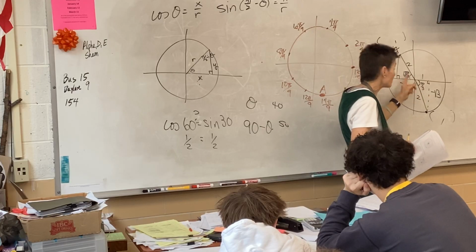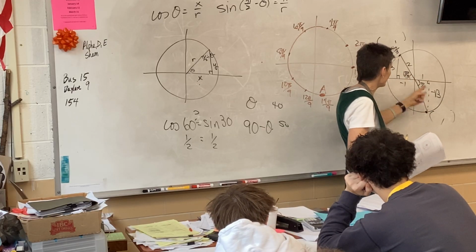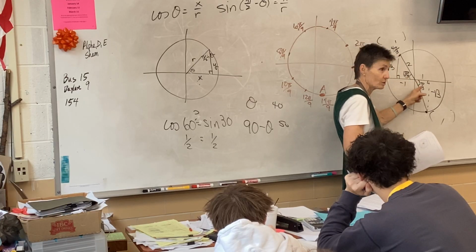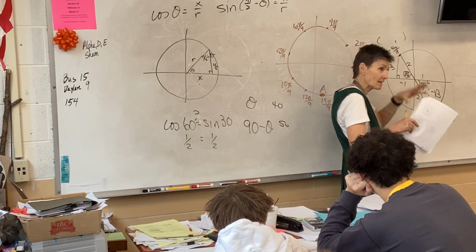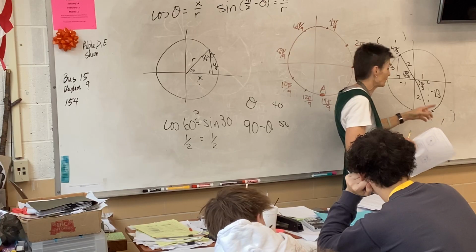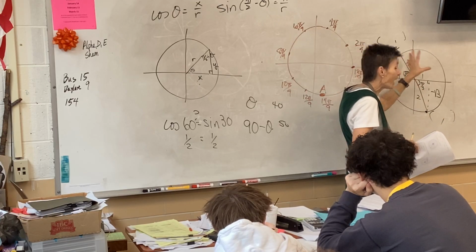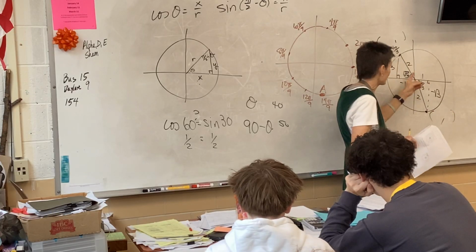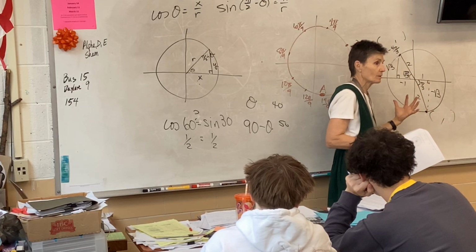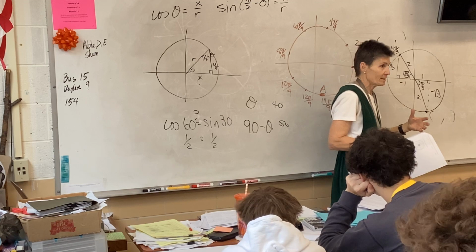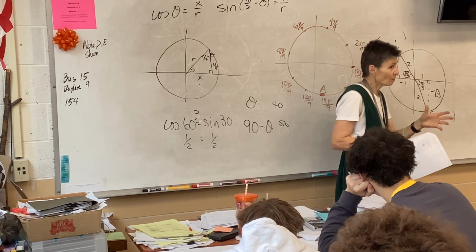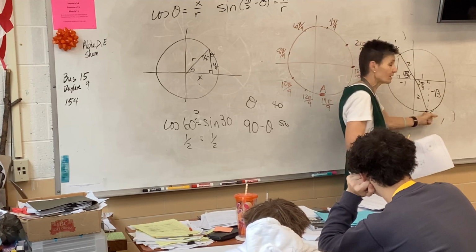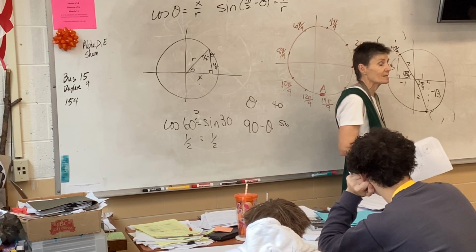They have the same picture, they're going to generate a 30, 60, 90 triangle with a 60-degree angle at the origin. That's what it means to be a reference angle. Every pi over 3 is going to have the same reference angle. Coterminal means it not only has the same reference angle, but it is in exactly the same spot. These are not coterminal because they are not in the same spot.